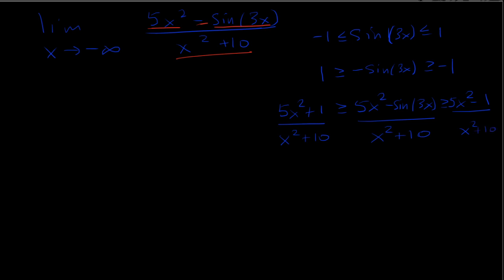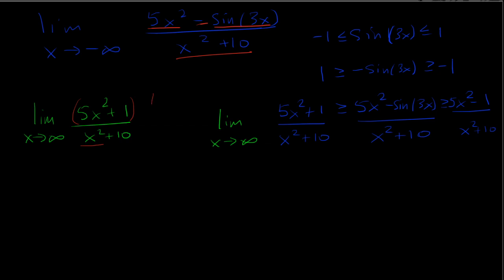Okay. We have everything now, so let's find the limits of the two bounds. So let's first focus on 5x squared plus 1 over x squared plus 10. I'm going to divide everything by the highest degree of the bottom, which is the x squared.